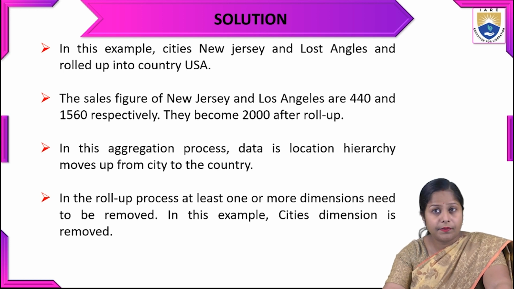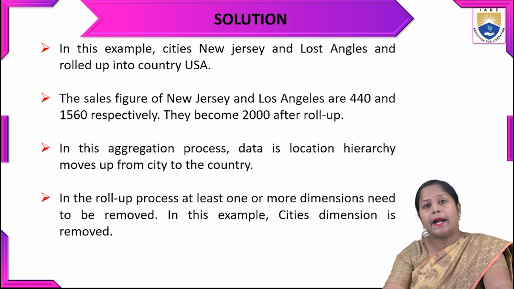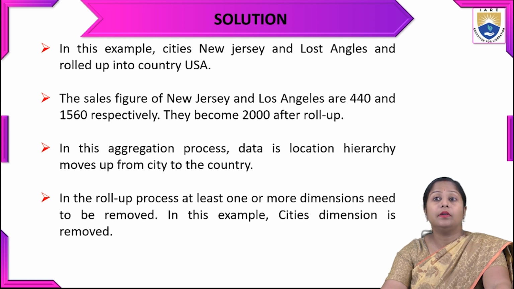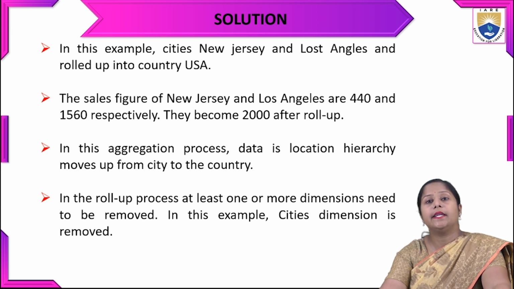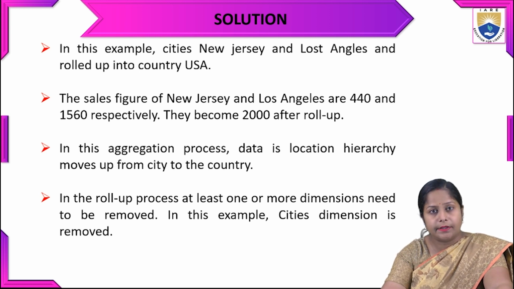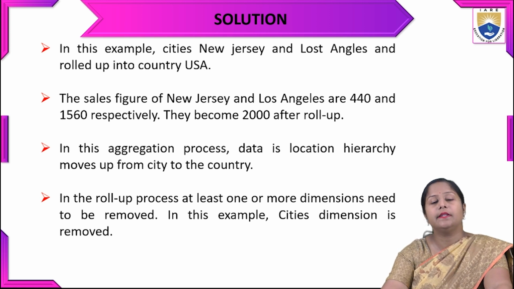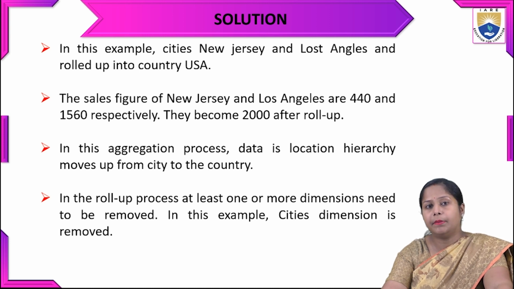The sales figures of New Jersey and Los Angeles will be aggregated, so that will be 440 and 5060 respectively, but they become 2000 after the roll-up that we have seen in the figure. In this aggregation process, data moves up the location hierarchy from city to country. In this roll-up process, at least one or more dimensions need to be removed, and in this example the city dimension will be removed.